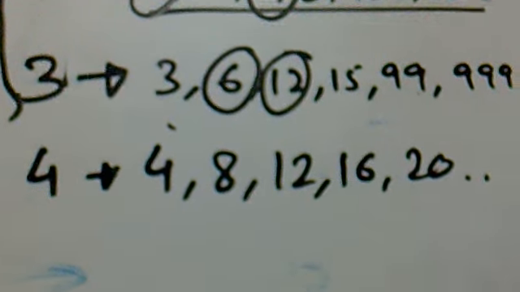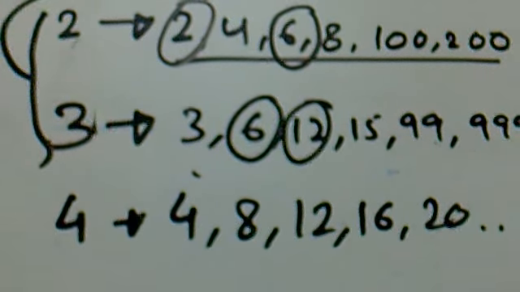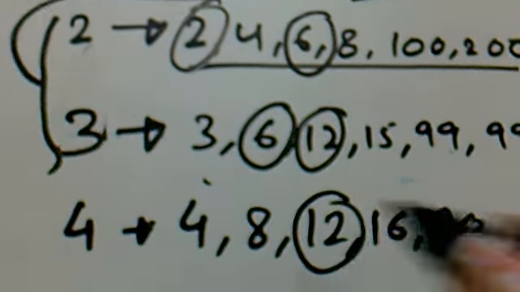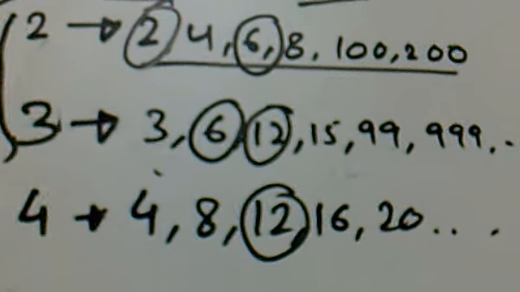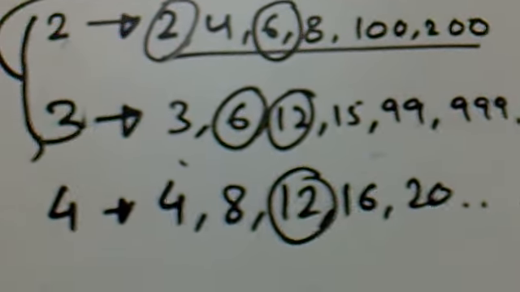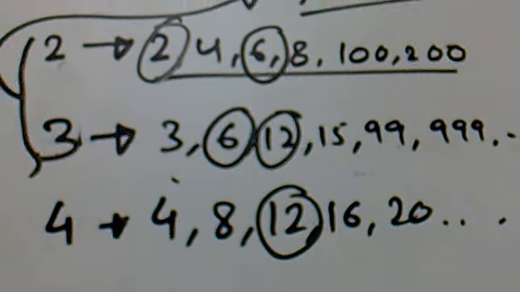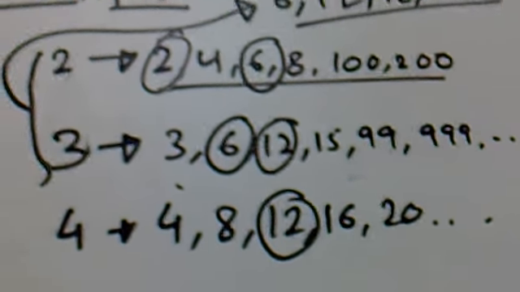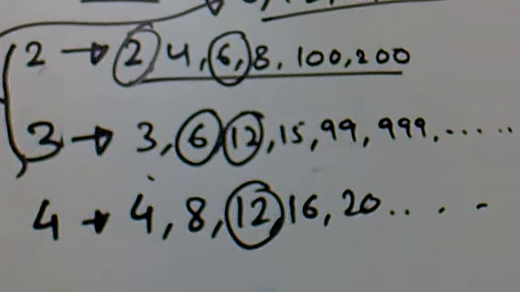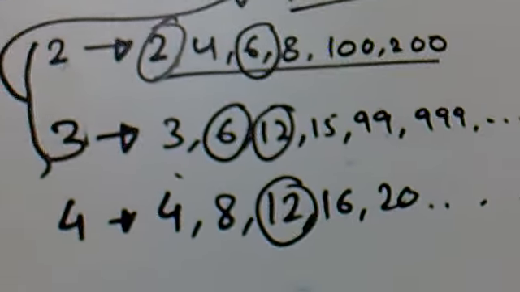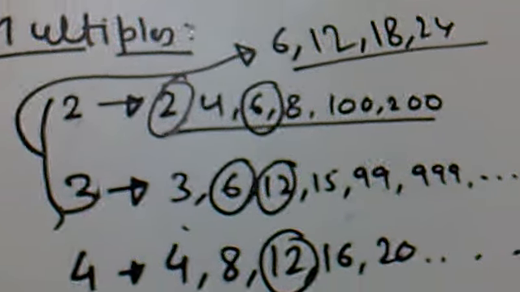These numbers are the multiples of 4. So we can see that 12 is a multiple of 4, and 12 is also a multiple of 2 and 3. So we can say 12 is a common multiple of 2, 3 and 4. A common multiple is a number which can be divided by all the numbers that we have in our stock. Like here we have 2, 3, 4.